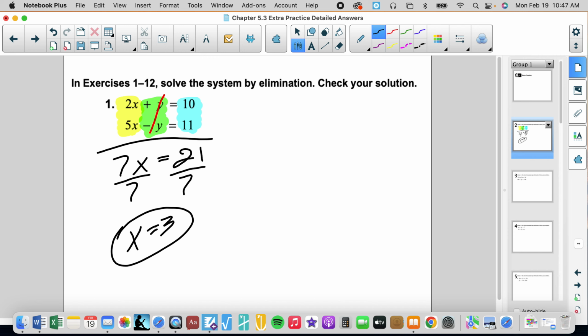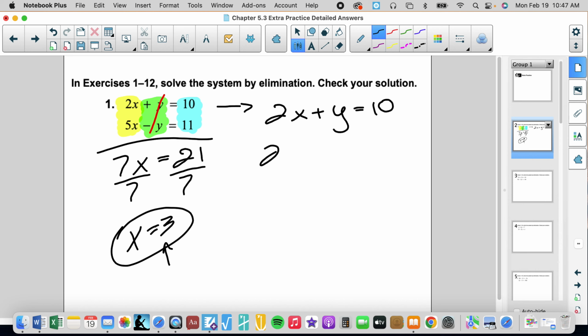Now we take either equation. Remember, this is the solution, so we know it's going to work for both equations. We know that is the x value for the solution. It doesn't matter which one we plug it into. Plug it into the one that's easiest, or just pick an equation.